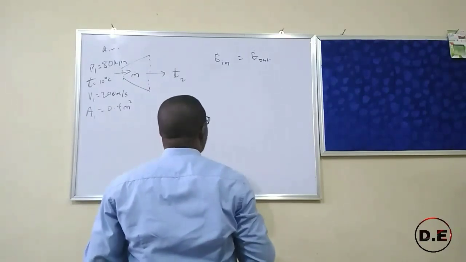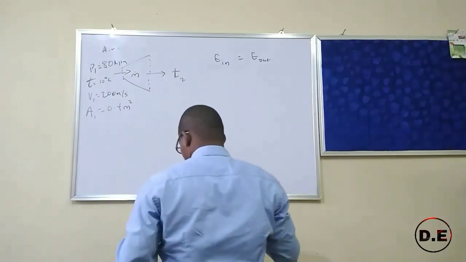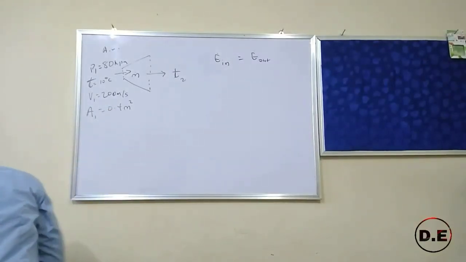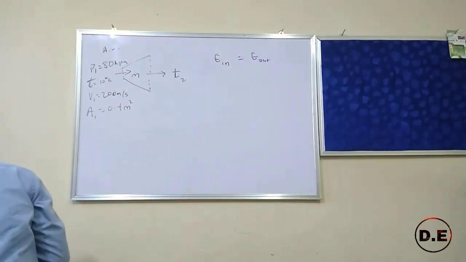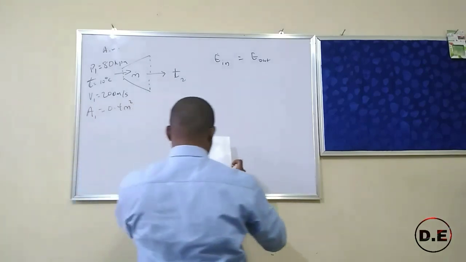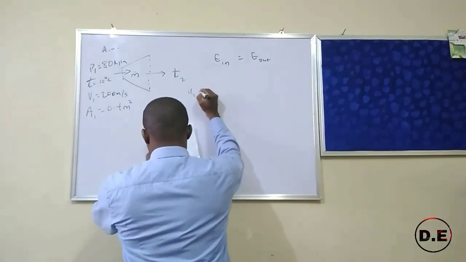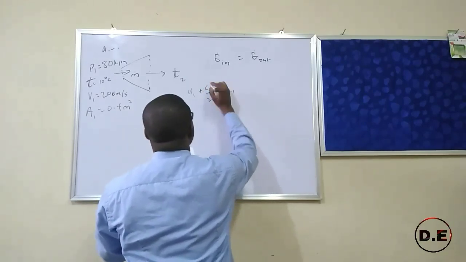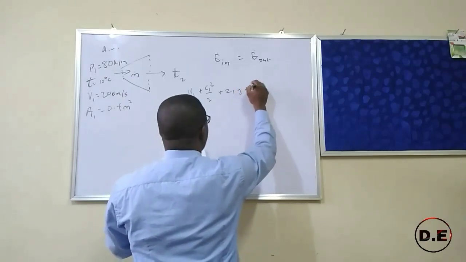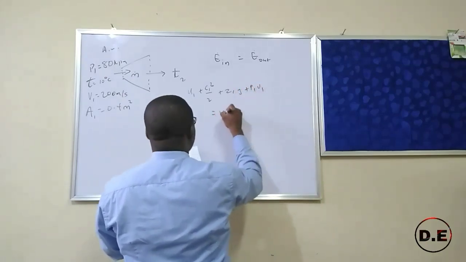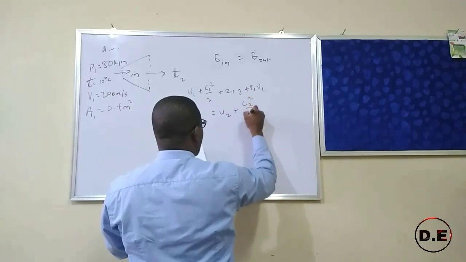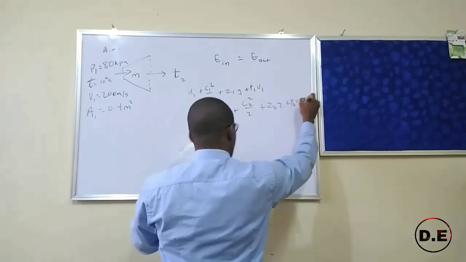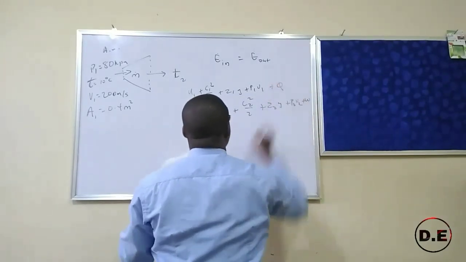Now, if you recall our balance equation, you recall that we had something of the form U1 plus C1 squared over 2 plus Z1 G plus P1 V1 is equal to U2 plus C2 squared over 2 plus Z2 G plus P2 V2 plus W plus Q. Okay.